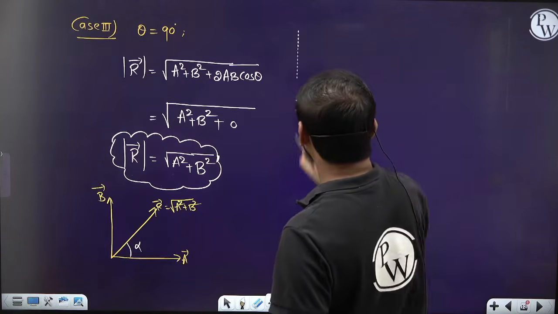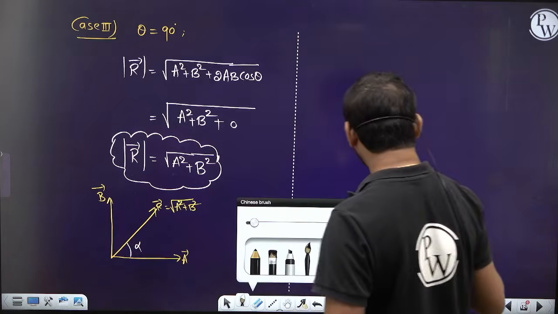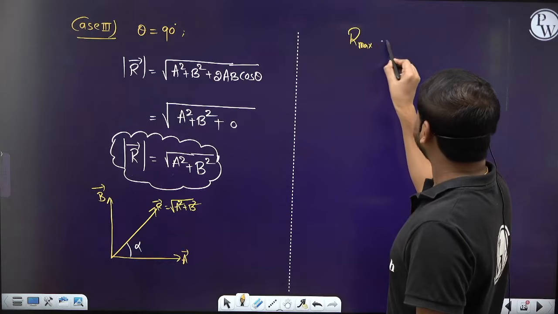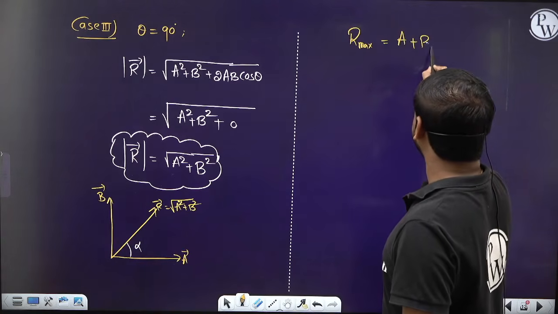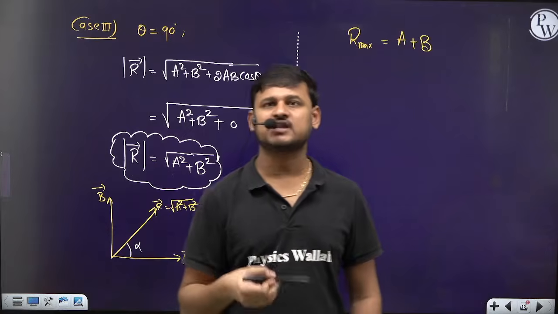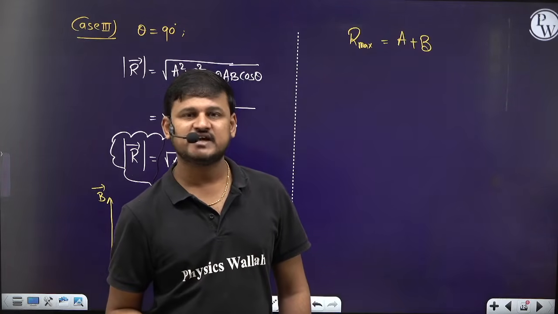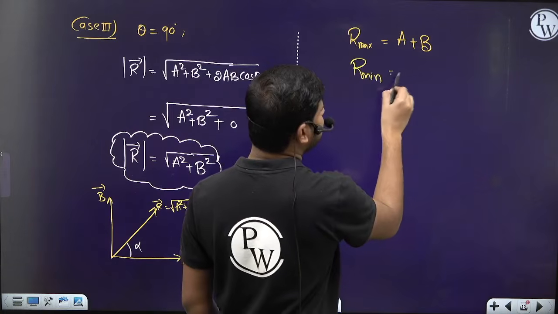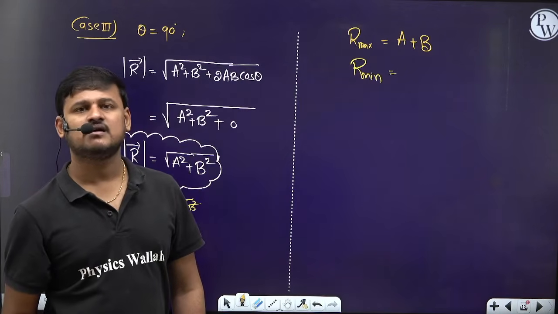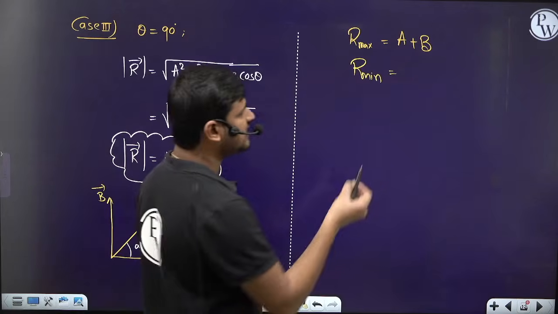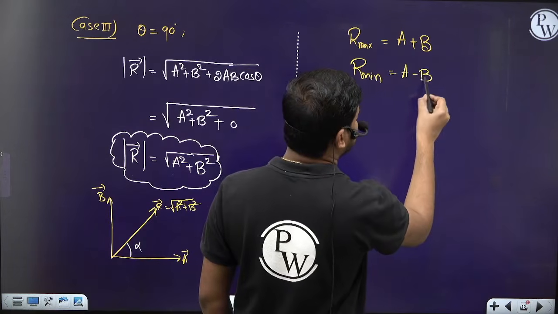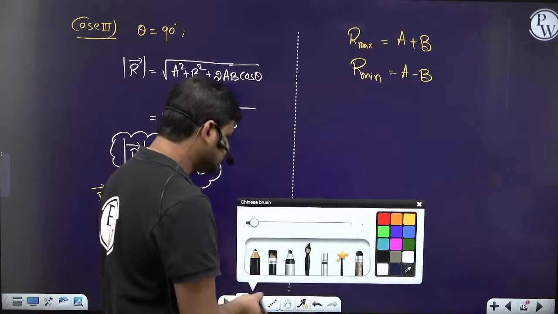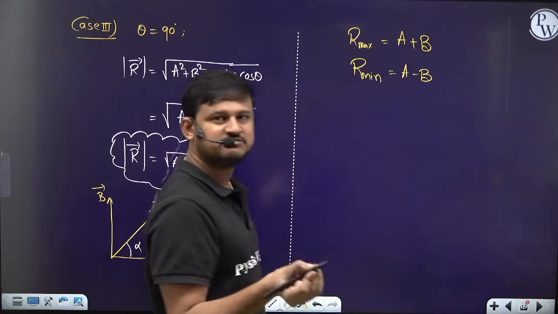So now the conclusion is, the resultant will be maximum when two vectors are parallel. That means the maximum resultant is just adding the magnitudes of those two vectors. The resultant will be minimum when those two vectors are anti-parallel, right? So that is a minus b. If you add any two vectors, the resultant will always lie between maxima and minima.